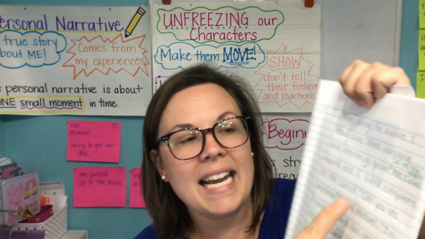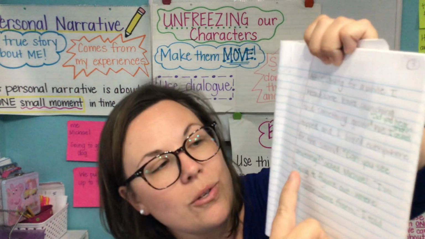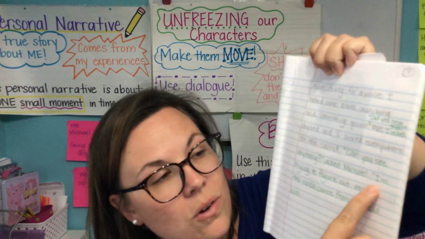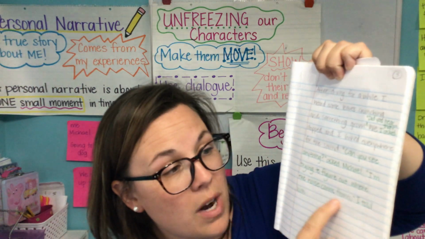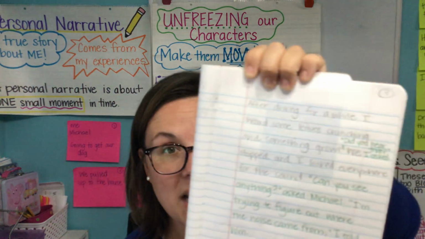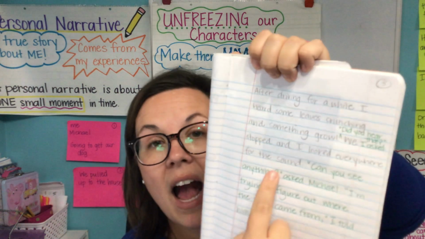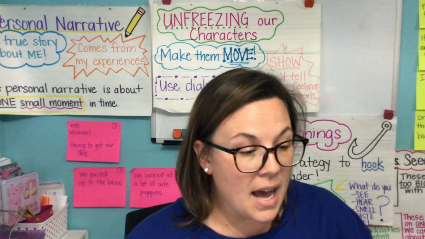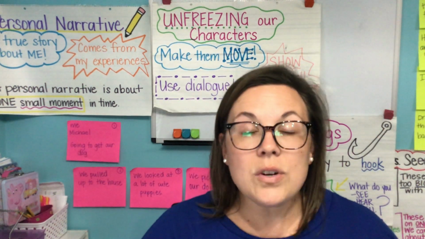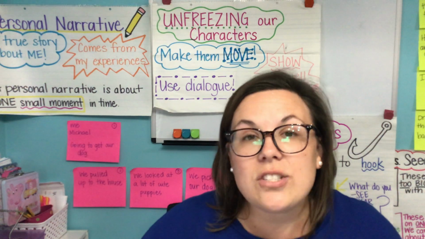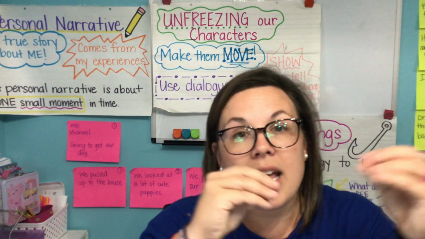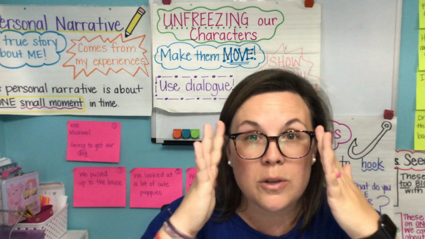So I added that in as my next sentence. "I'm trying to figure out where the noise came from," I told him. And so there, I've unfrozen my characters. I never talked about what we did, and so I took dialogue, just making us talk, and unfroze characters.